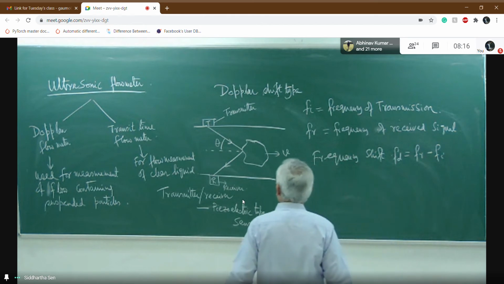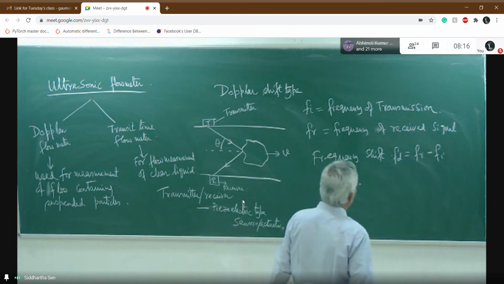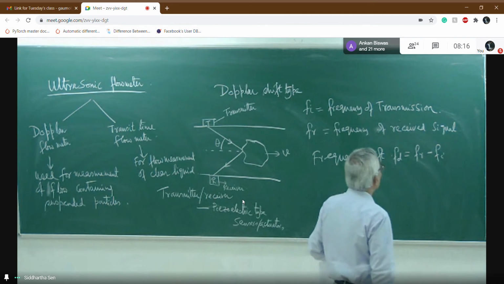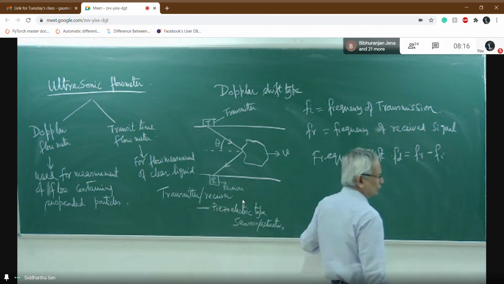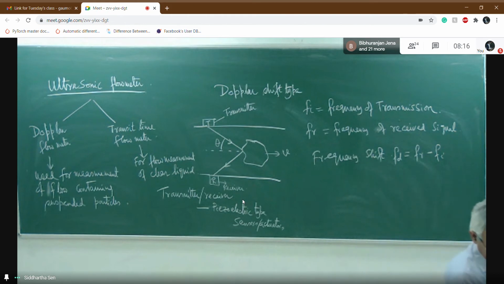And using the Doppler effect, we can calculate actually, that derivation I am skipping, but you can find it in some books, particularly Bentley's book, which has given more details of it.